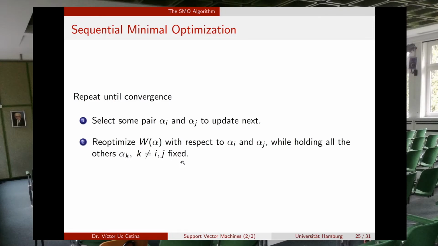So the idea is that we assign some values to the other alphas, and we work only with alpha i and alpha j. Once we have optimized this function with respect to these parameters, we take another pair of alphas and do the same.